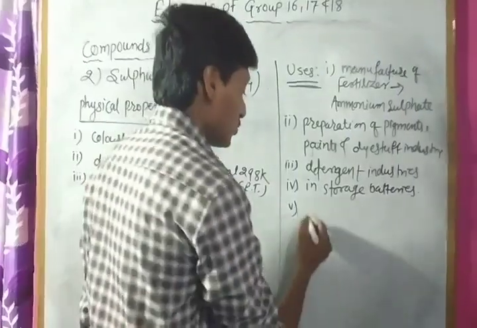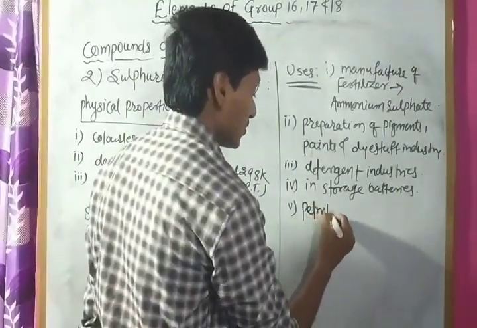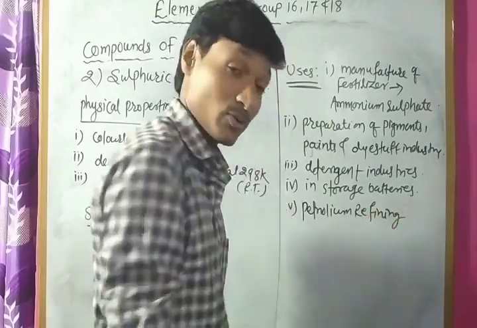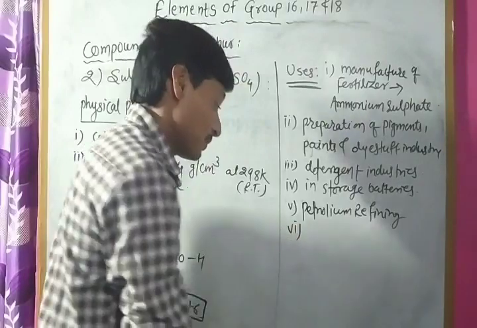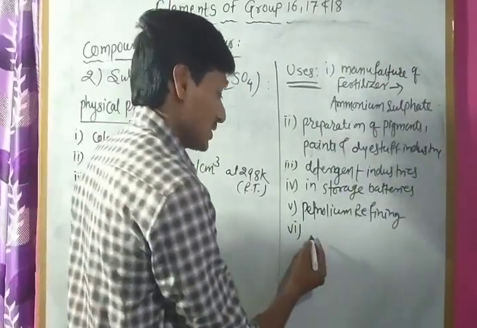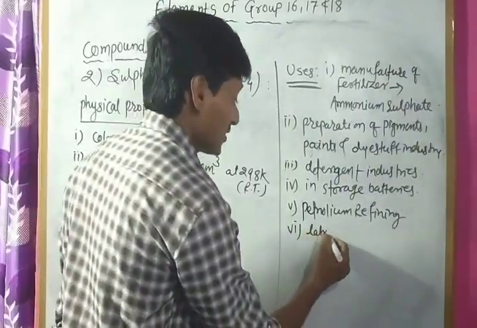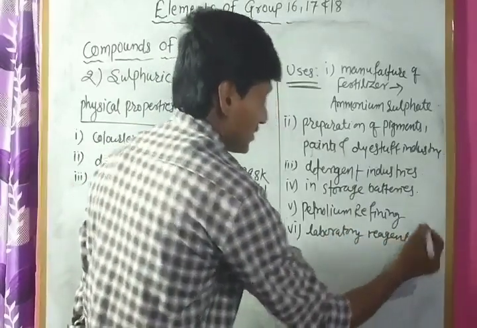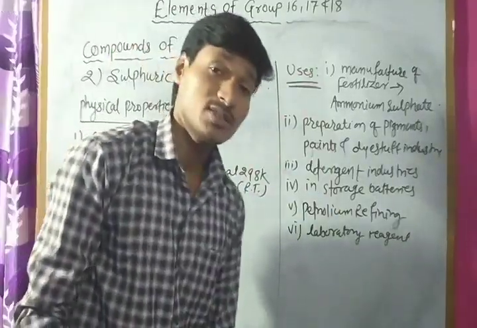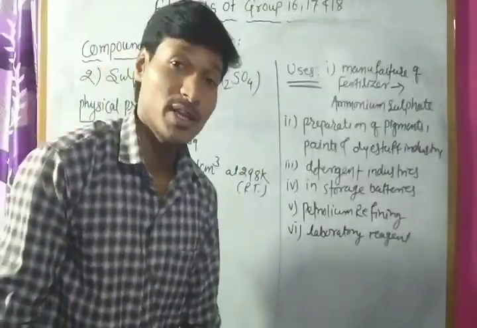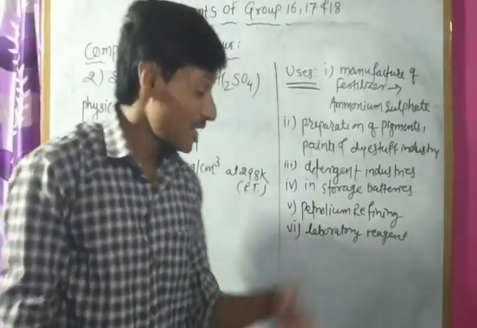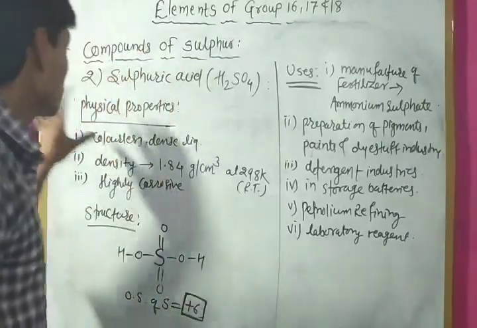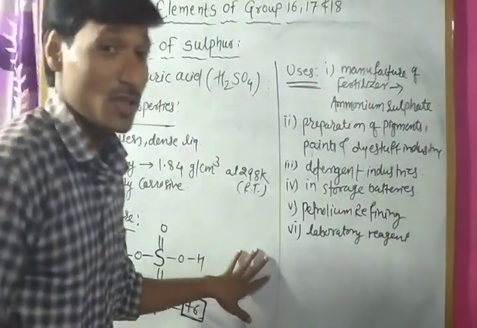Fifth one is it is used in petroleum refining, and the next one is it is used as a laboratory reagent. So these are the uses of sulfuric acid. There are many more uses, but we have discussed some of them. So we discussed the physical property, structure and uses of sulfuric acid.